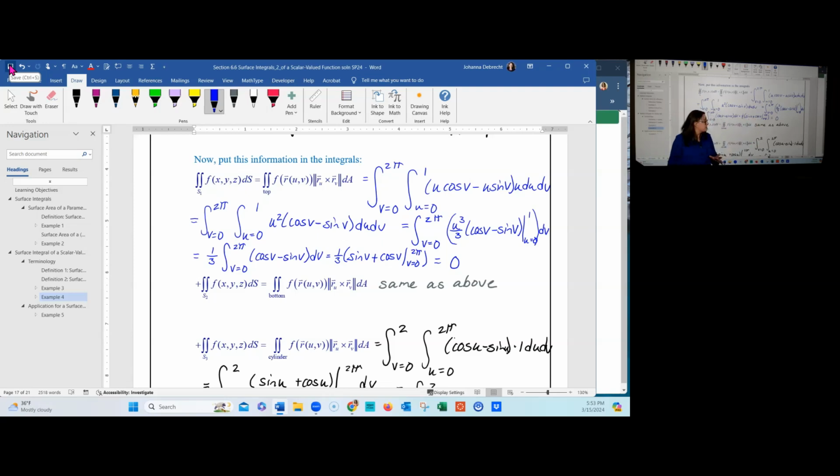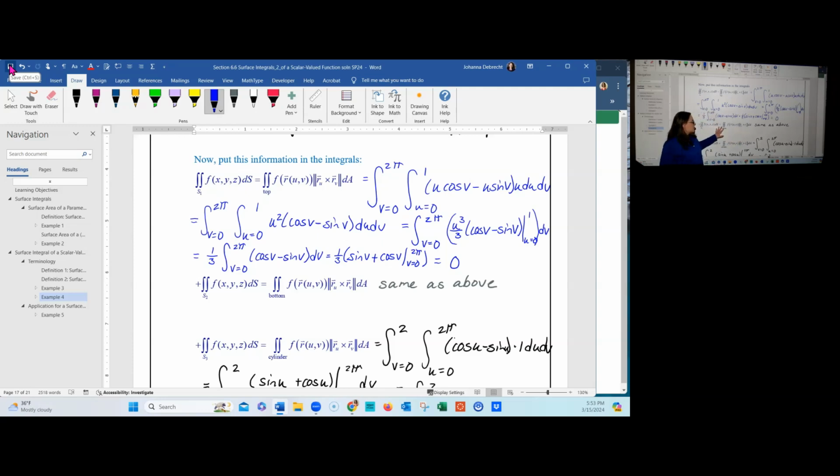However, we're in a little bit of trouble because when we evaluate from 0 to 2 pi, 0 and 2 pi are the same location on the unit circle. So both sine and cosine will go to 0, which tells us the value of the surface integral on the top gives us 0.